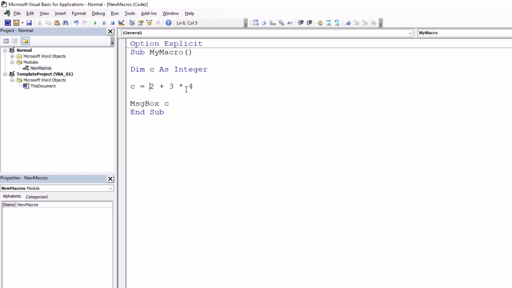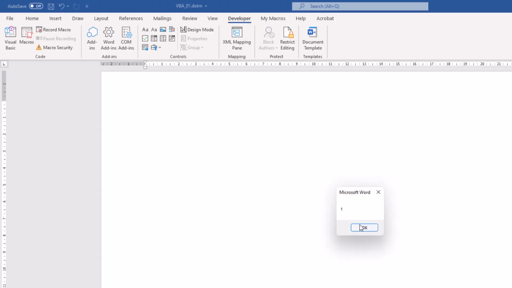And plus and minus have the same priority. For example, if I type 2 plus 3 minus 4, it is calculated from the left because they have the same priority, starting from the left. 2 plus 3 is 5, minus 4 is 1.